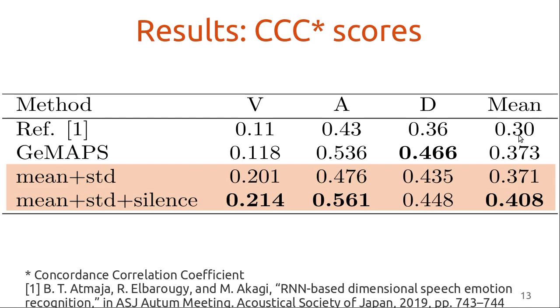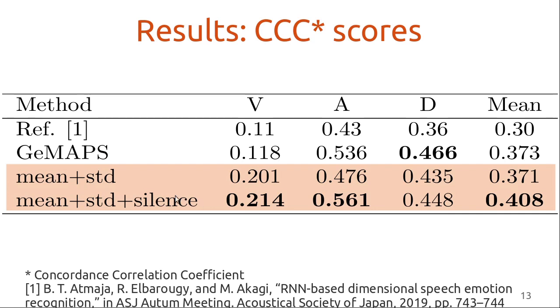And using GeMAPS, an acoustic feature set specially designed for affective speech analysis, we improved the performance from the previous result. And on the third method, we use mean and standard deviation of GeMAPS, and we got similar performance, but the size of the feature here is much smaller than GeMAPS. And on the fourth method, we add silence to mean and STD, and the results are here.